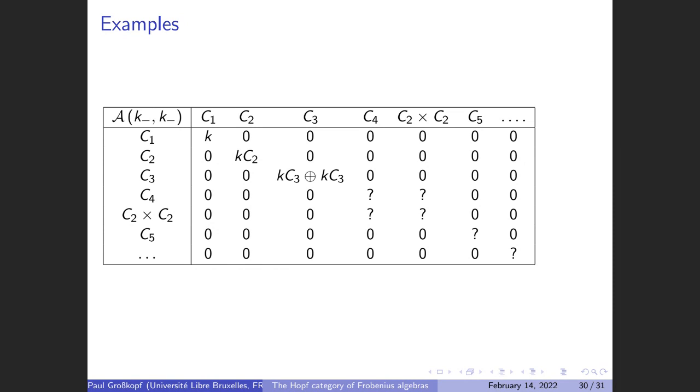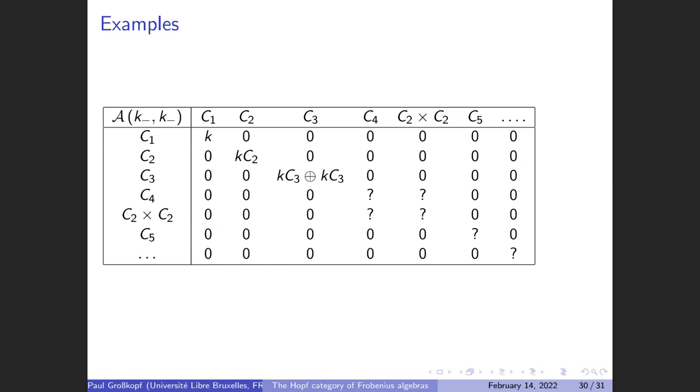So for example, the first little conjecture, or the first question we have, is: is there a measuring from C4 to C2 times C2? We don't know that yet. You have a clear structure of how to do it, but you need to go through the construction of the algebra and see if you can interpret the structure.